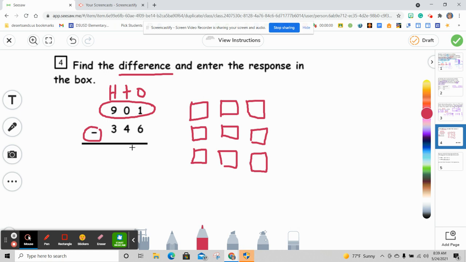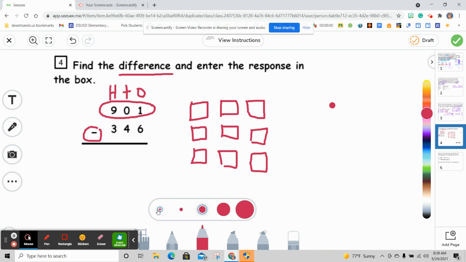Then I know that I have 900, and then I have 0 tens. So I do nothing in the tens. And then I have 1 one. So I'm going to draw 1 one. There you go. Now I have my 901.